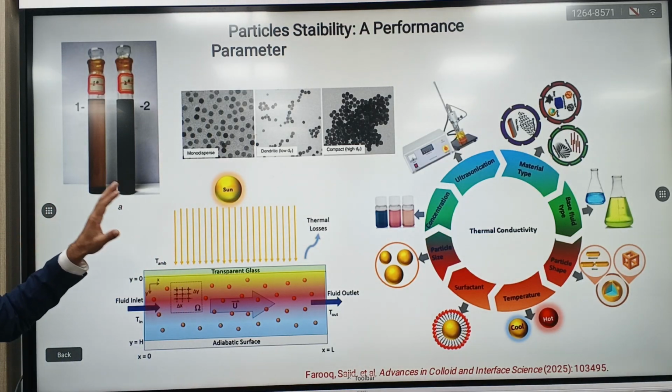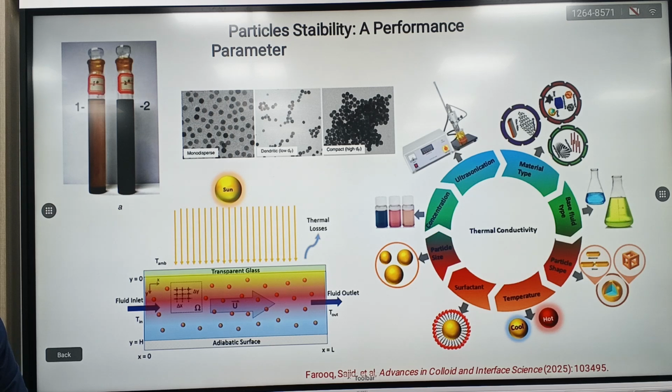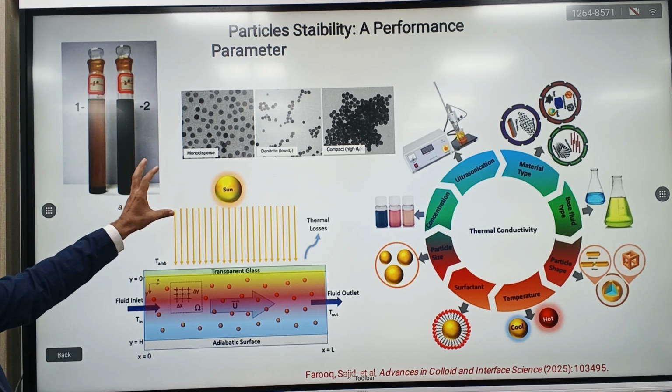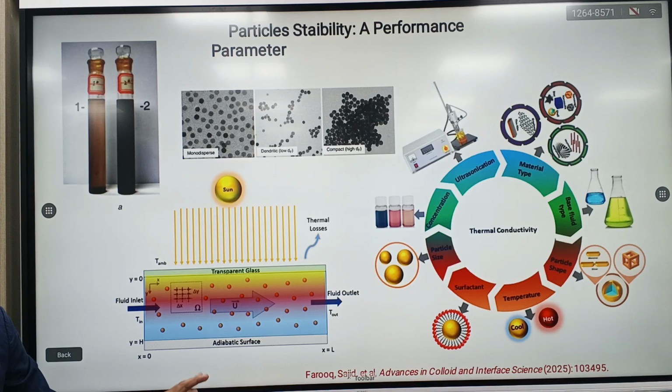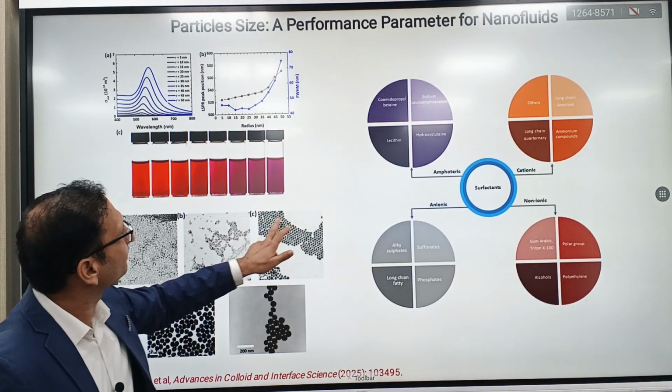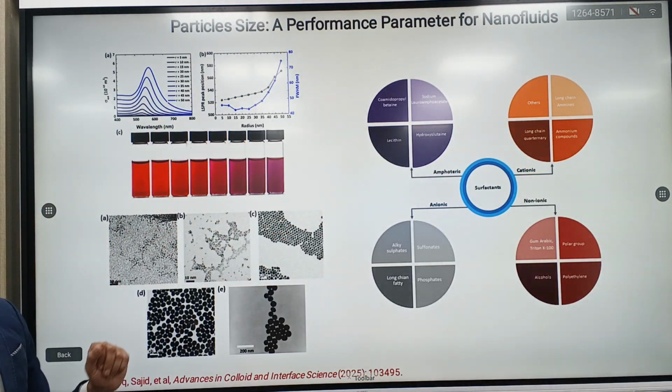So particle stability is one of the key elements in nanofluid, especially when you are working with any kind of nanoparticle. If they are aggregating, they will give you nothing, or their performance will be very low. This is one of the parameters, and the second is particle size.